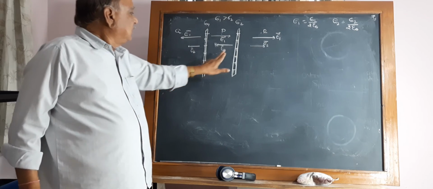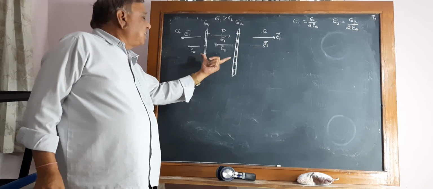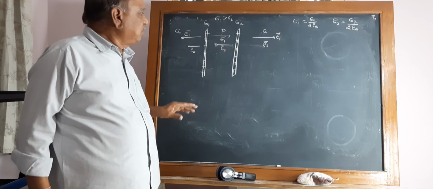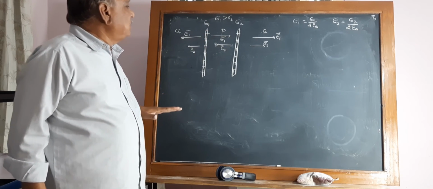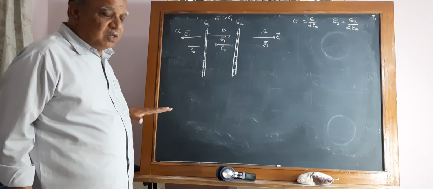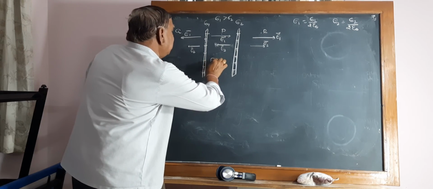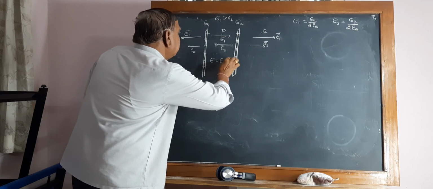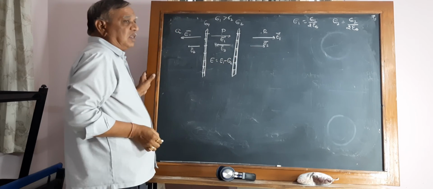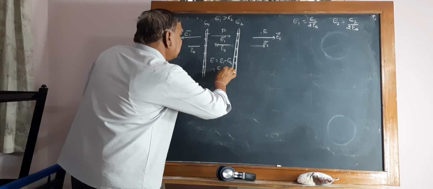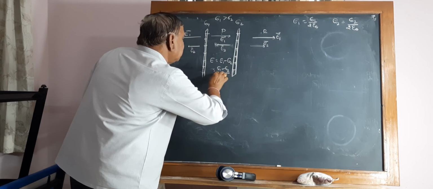Then we can say at the point P, in between the region of the plates, both are in opposite directions. So the net field inside the region, E, will be E1 minus E2, meaning sigma 1 minus sigma 2 by 2 epsilon 0.